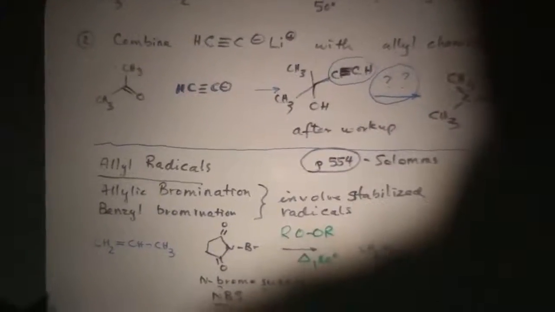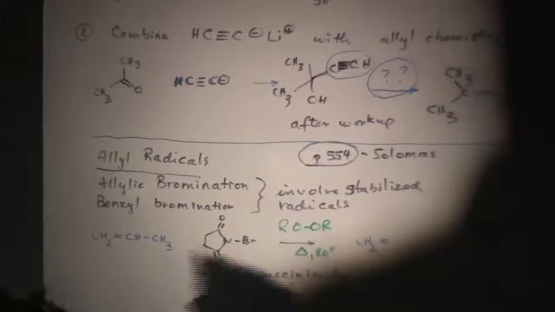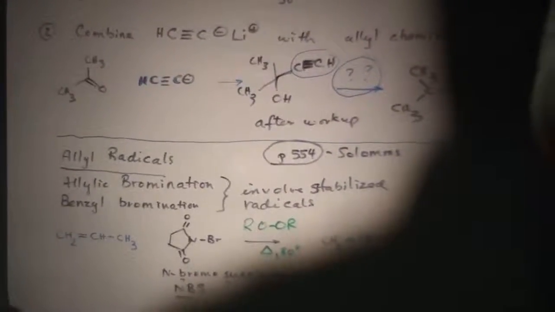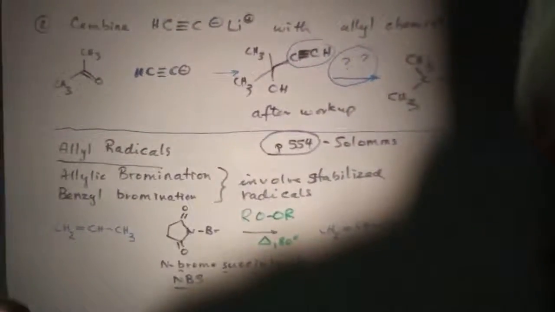One of the carbons at the allylic positions, adding a bromine, and the hydrogen that was here ends up on the succinimide molecule. That's the hydrogen that's transferred from here.